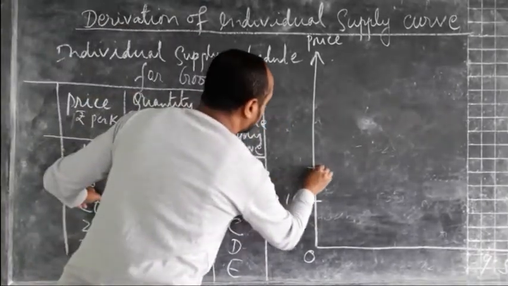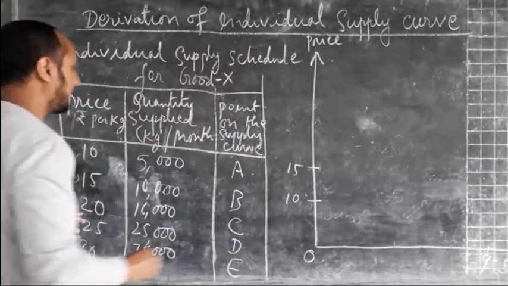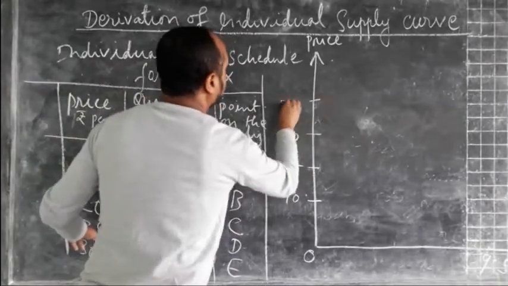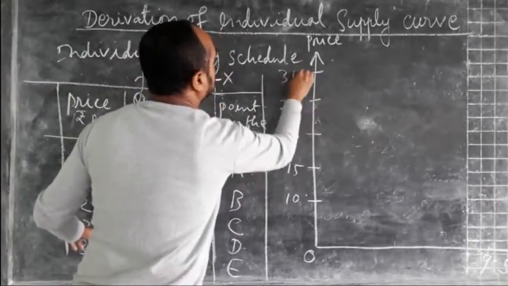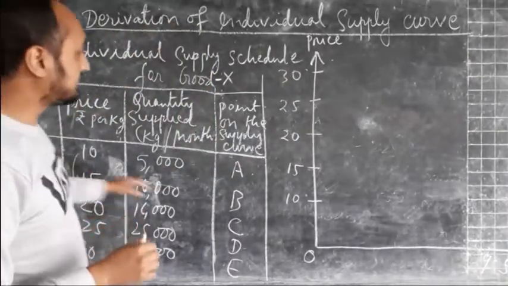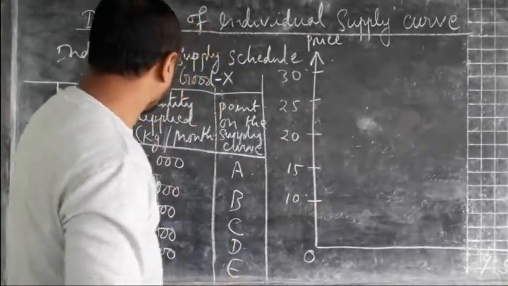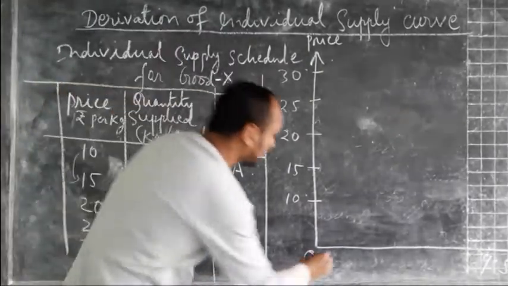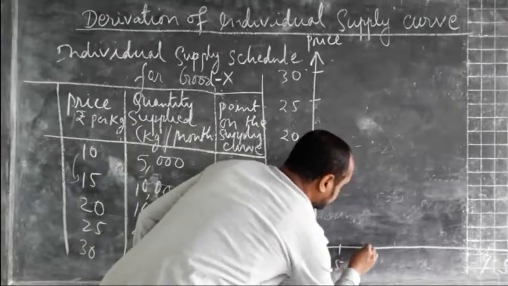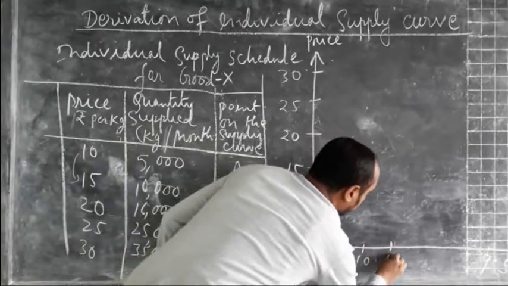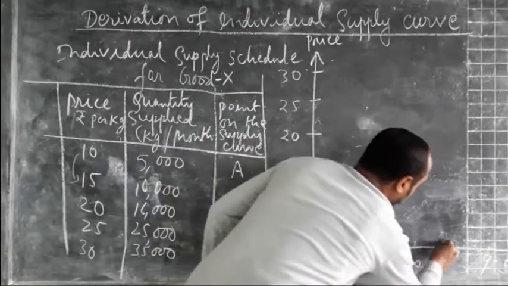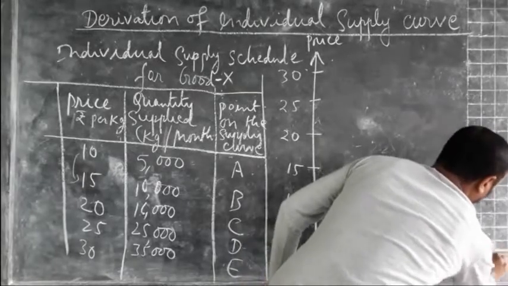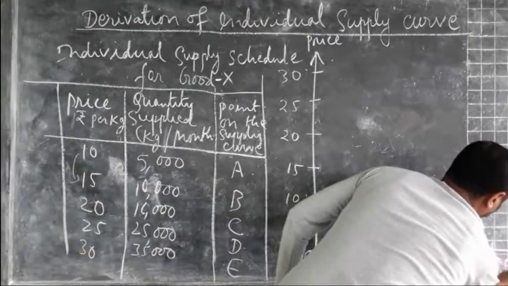Next price we have, suppose, 15 rupees, next 20, 25 and 30. Here we will plot the quantity supplied till 35,000. So suppose this is your 5, 10, 15, 20, 25, 30 and this one is 35.